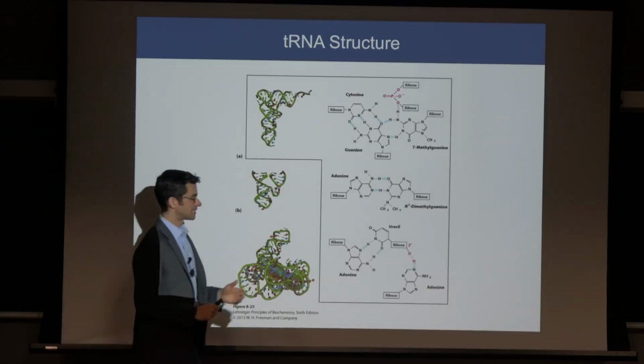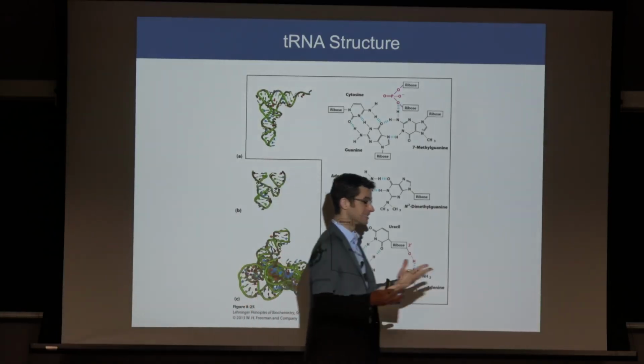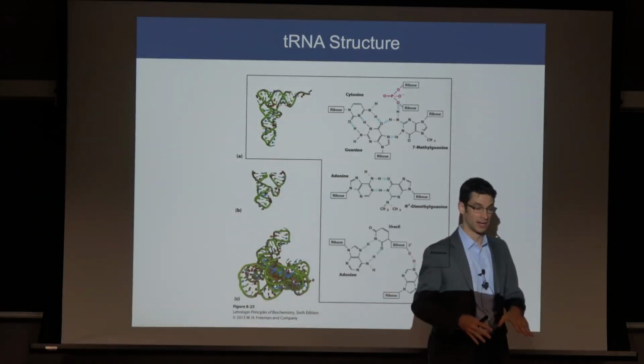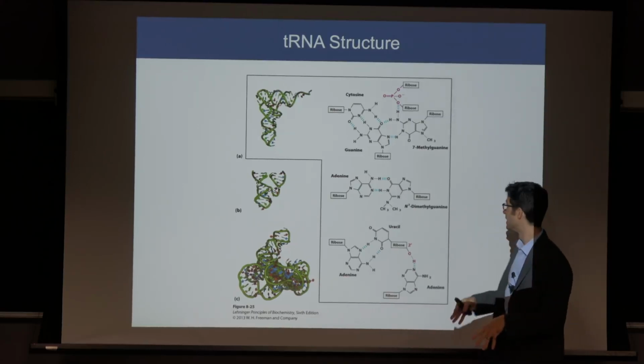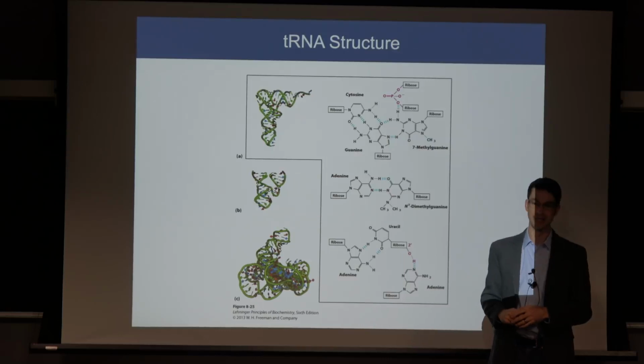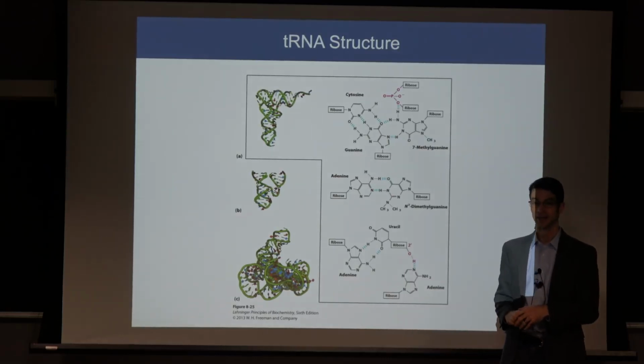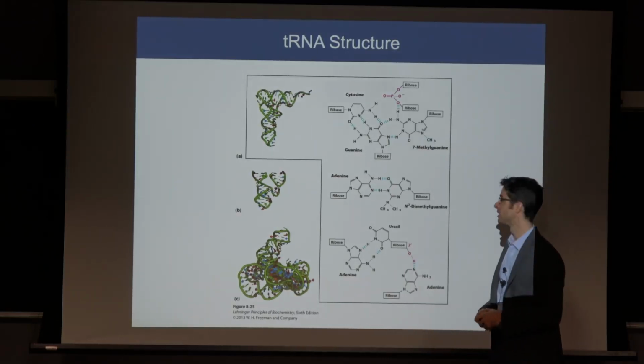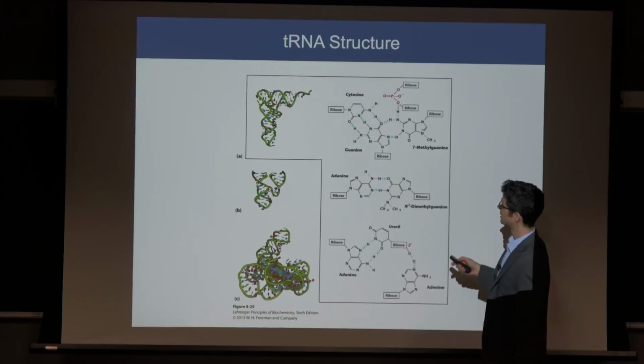Okay, so DNA is self-complementary. DNA is complementary to another strand, and RNA, because it's superficially similar to DNA, actually has many of the same properties of complementarity. So in this case, this is a tRNA.